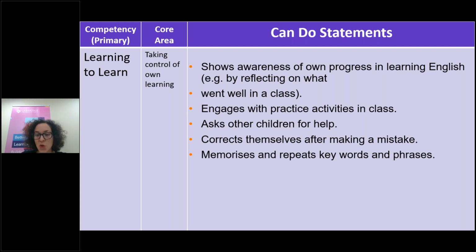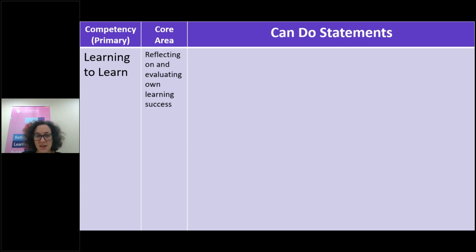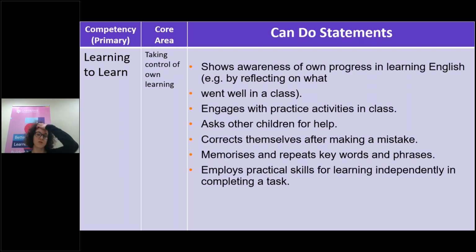Memorizes and repeats keywords and phrases, employs practical skills for learning independently in completing a task. These are main can-do statements for taking control of own learning core area within the competency learning to learn.